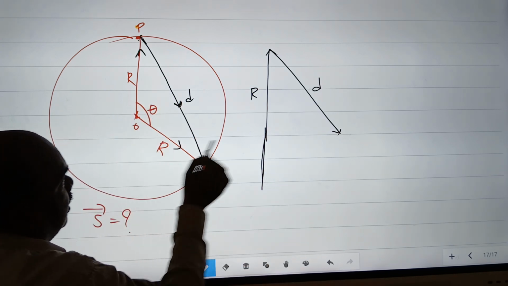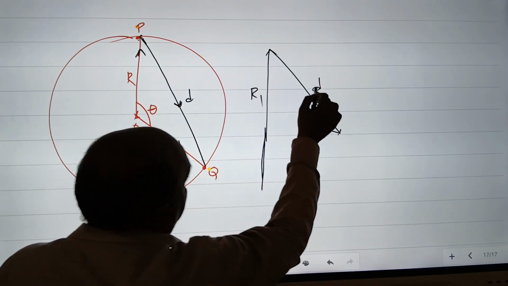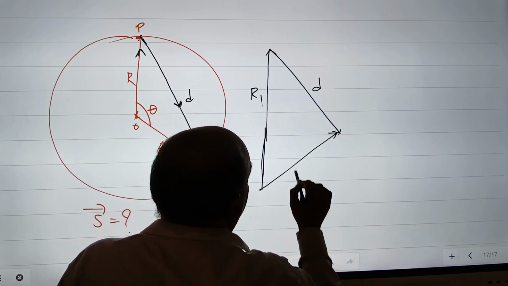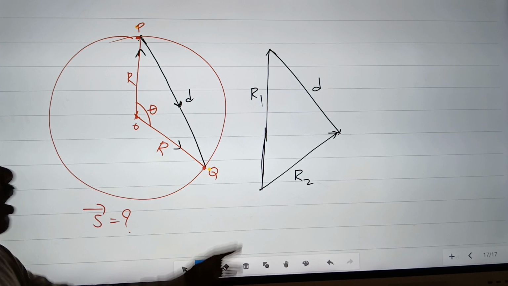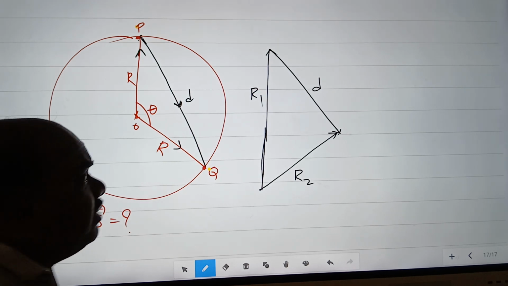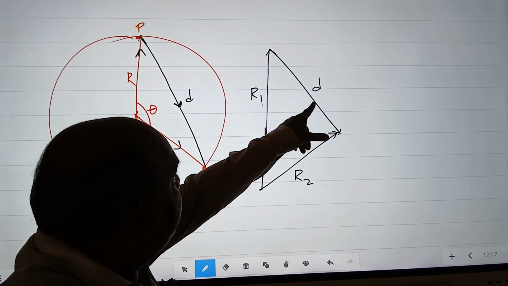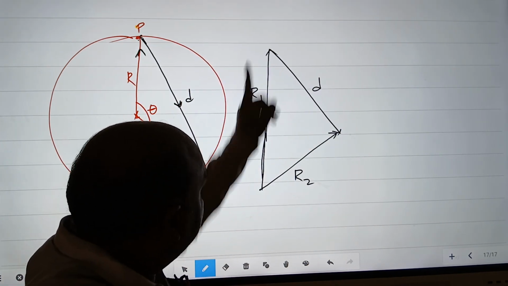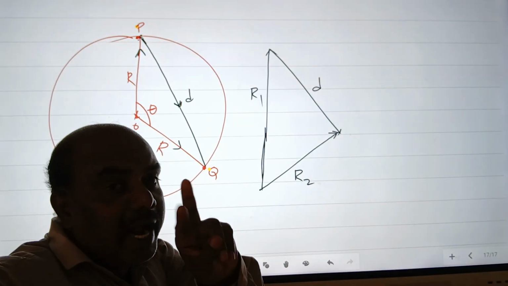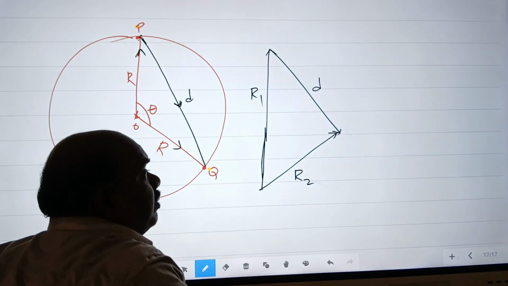Let it be R1. This is R2, and this is D. R1, R2, and the resultant is D. Now tell me, what is the relation between these three vectors? This is the second vector tail, this is the first vector head. Head tail method. Remember, beta, how to add two vectors means head tail method.